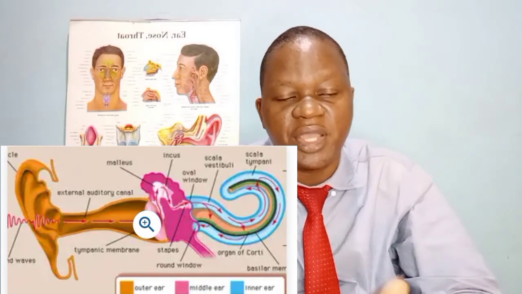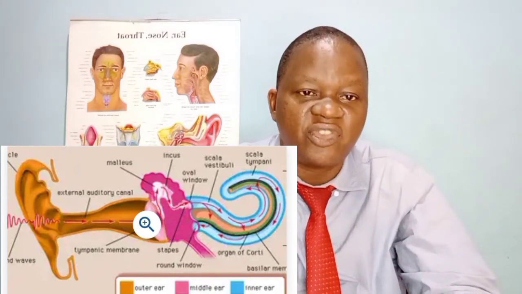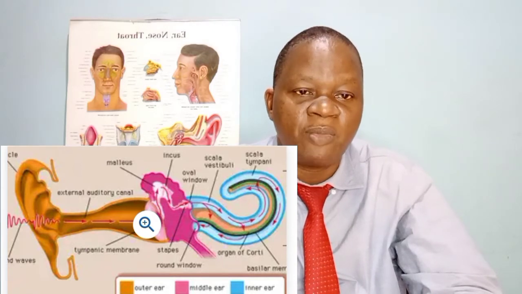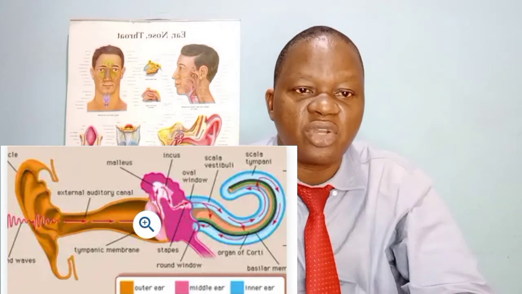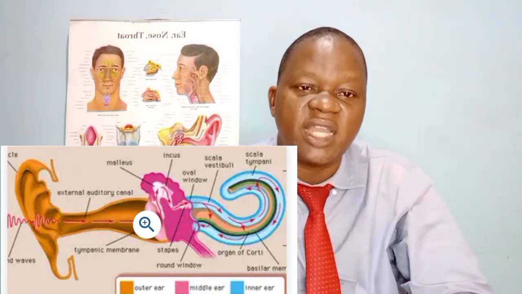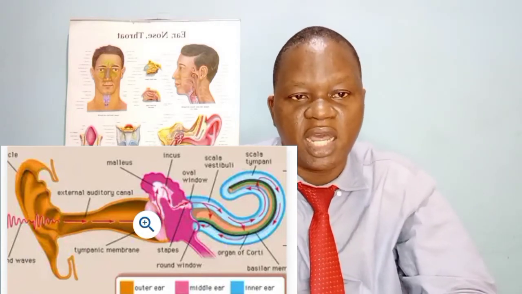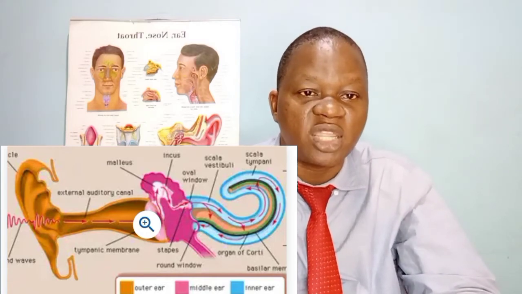On getting to the inner ear, the vibration will cause the perilymph fluid in the inner ear to vibrate, which eventually will also cause the endolymph in the cochlea to vibrate. The vibration of the endolymph in the cochlea will send impulse to the vestibular nerve or the cochlear nerve that will send message to the brain in order to interpret the kind of message that is being heard.